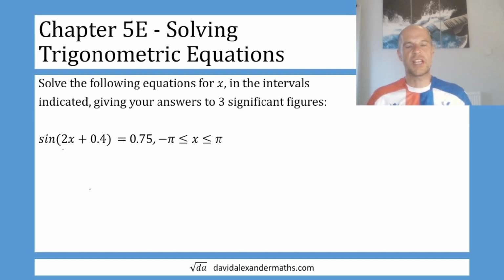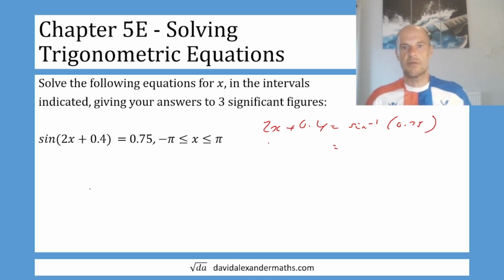Again, this one's a little bit tricky because we've also got the 2x involved as well. So what we can say is that 2x plus 0.4 is the inverse sine of 0.75. So remember that this is 2x plus 0.4. So inverse sine 0.75 is 0.848.